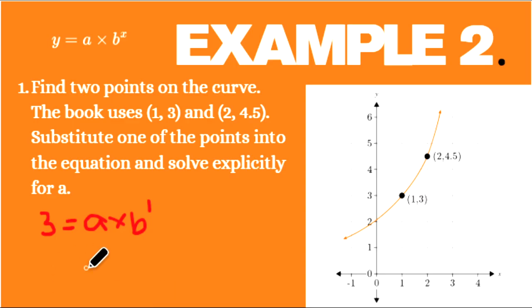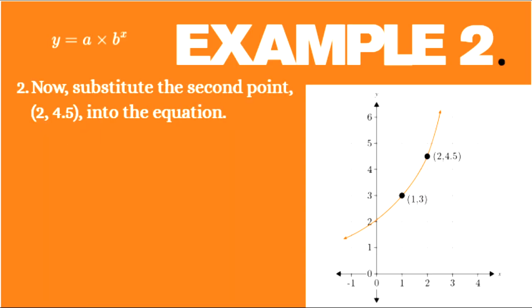Because this is just 3 is equal to a times b, which doesn't really help. Oh no, I understand. I remember now. So 3 is equal to a times b. We're solving for a, so we need to divide both sides by b. I remember this was the tricky one, which gives us a is equal to 3 divided by b.